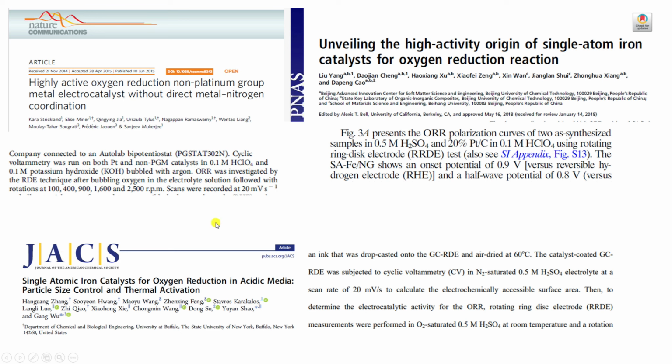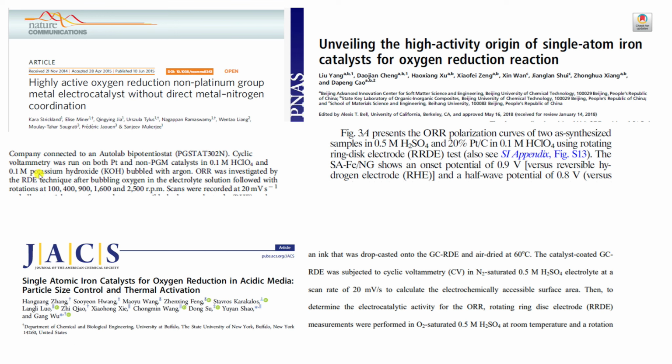In this JACS paper also, they used 0.5 M sulfuric acid electrolyte for oxygen reduction reactions. In this Nature Communications paper, they used 0.1 M perchloric acid and 0.1 M potassium hydroxide base.